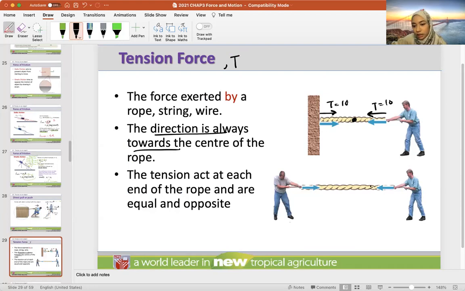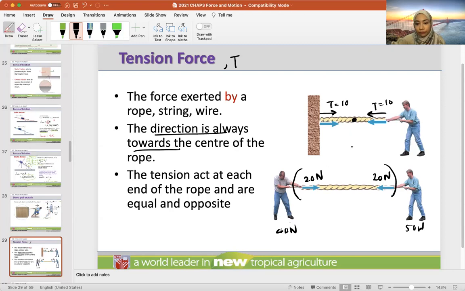And if this guy is exerting a tension of 20, this guy is also exerting a tension of 20 Newton on the rope. The rope's tension. What they pull with, I don't know. Maybe this one pulls by 50 Newton, maybe this one pulls by 40 Newton. But the tension on the rope is 20 Newton on both ends.